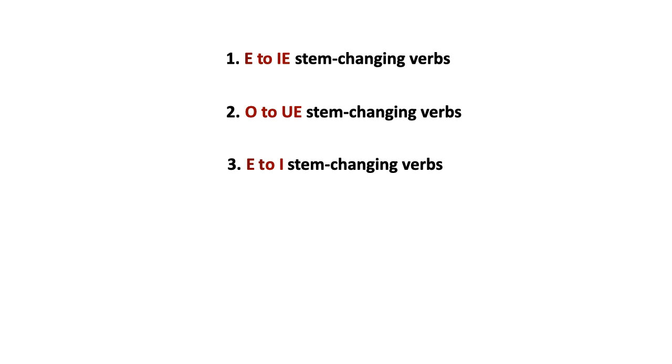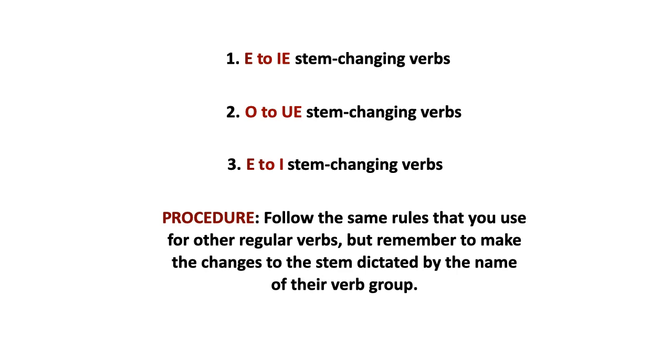Those are the three groups. And what is the procedure for conjugating them? Very simply stated, just follow the same rules you already learned, the rules you already know for other regular verbs. Only remember to make the changes to the stem that are dictated by the name.